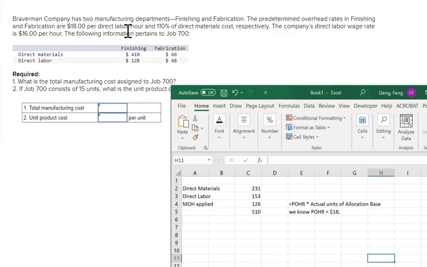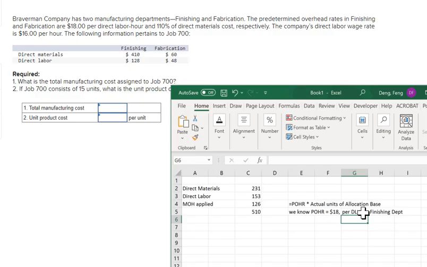Okay, per direct labor hours, and this 100% direct material cost for the fabrication. So this is for your $18 per direct labor hours for the finishing. So right now you got 2 different departments. You have 2 different ways of allocating overhead costs.